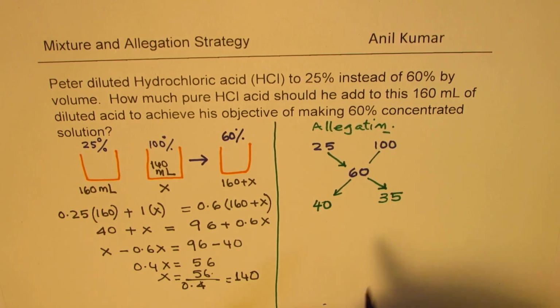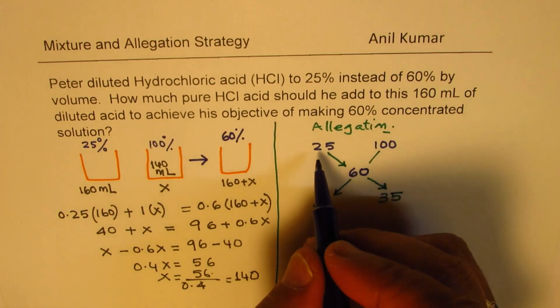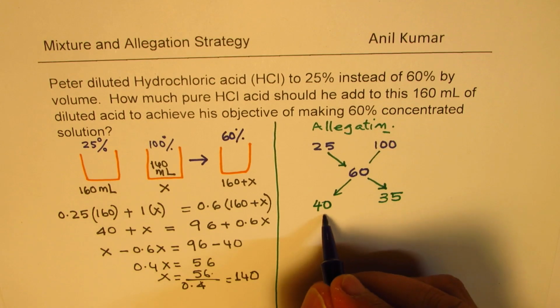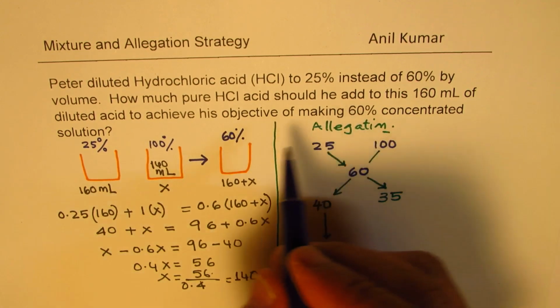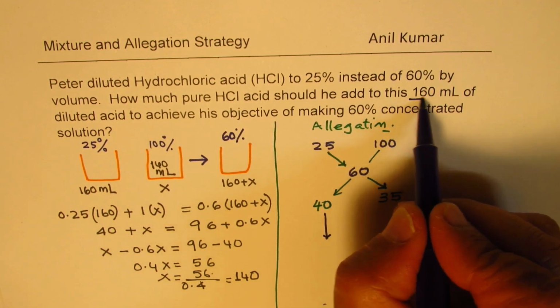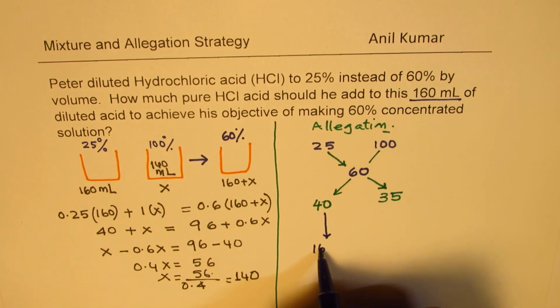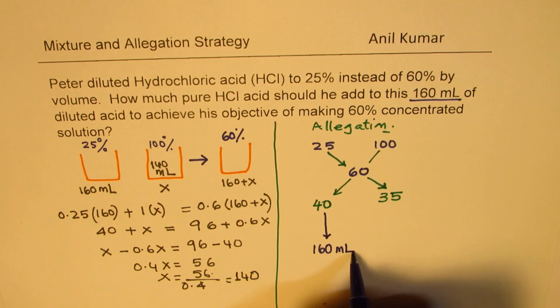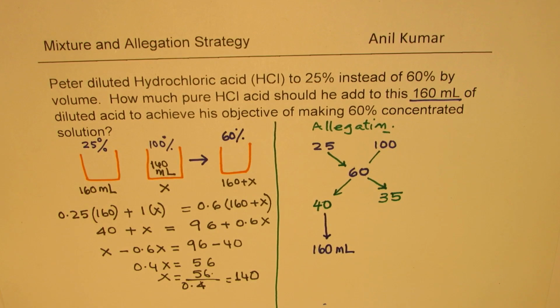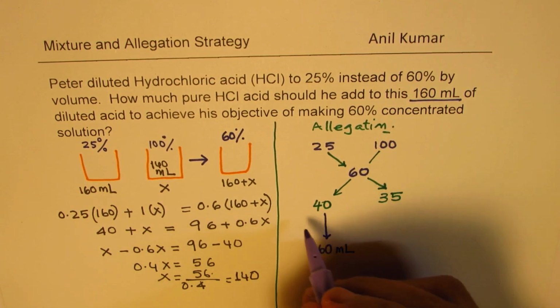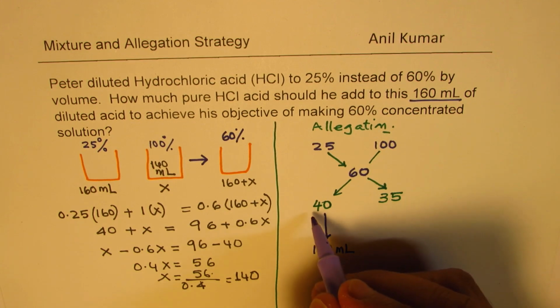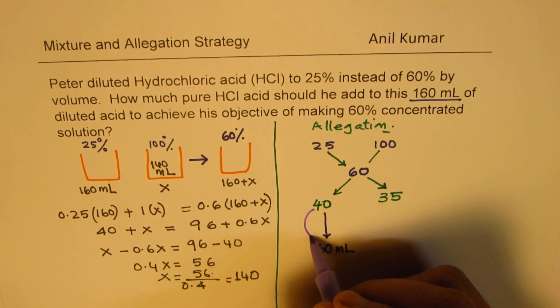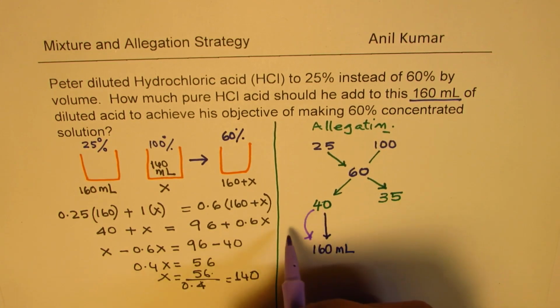However, we know that the quantity of our mixture, which was 25%, is actually 160. So how do you get 160? Clearly you get 160 by multiplying this number by 4.